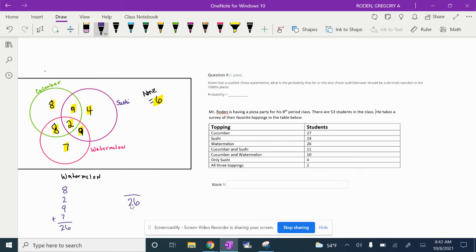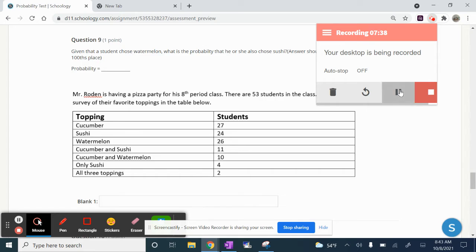Well, in the watermelon section, how many of them also chose sushi? These 9 chose sushi and these 2 chose sushi. So it's going to be 11 out of 26. And if you take 11 divided by 26 into your calculator, you get approximately 0.42. So 0.42 was the answer I had on that one.